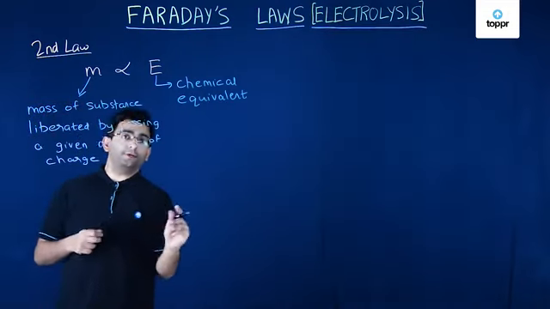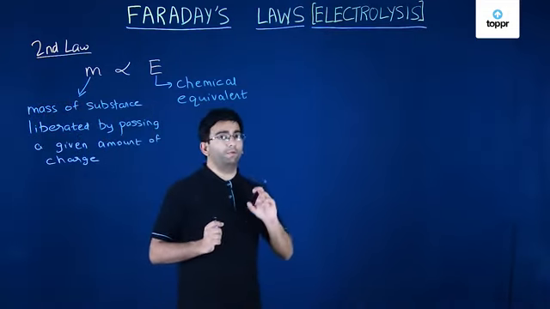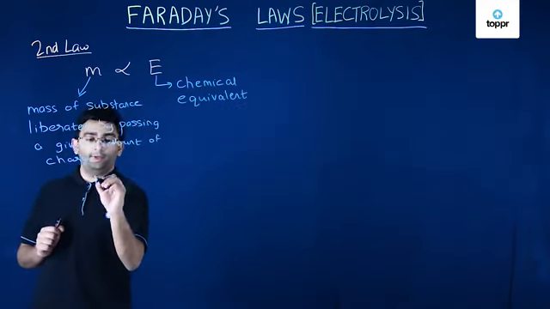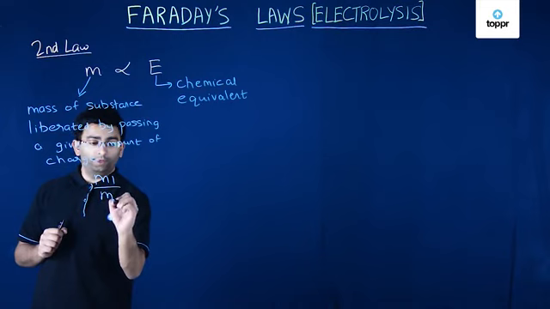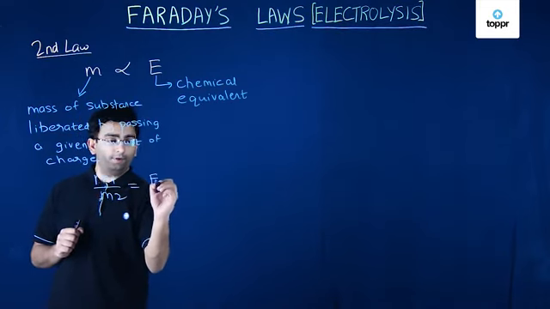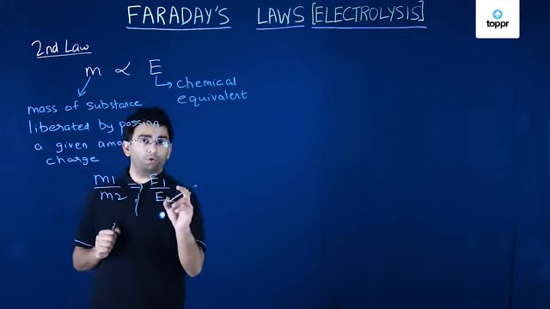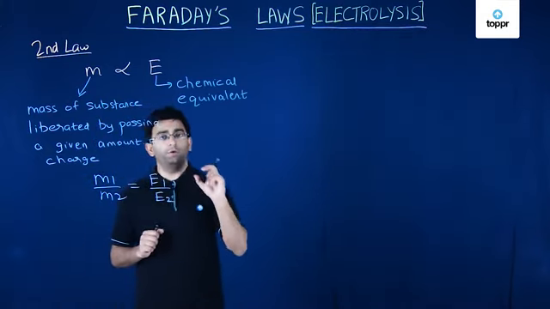Now let us consider two different cases when the amount of charge flowing is the same. In that case we can write M1 by M2 is equal to E1 by E2, where E1 by E2 represents the ratio of the chemical equivalents in the two cases.